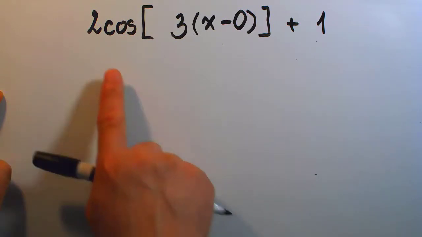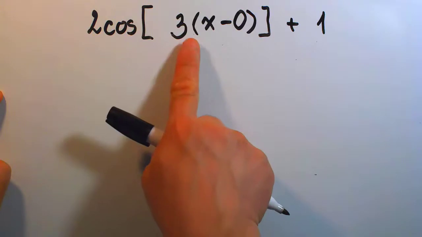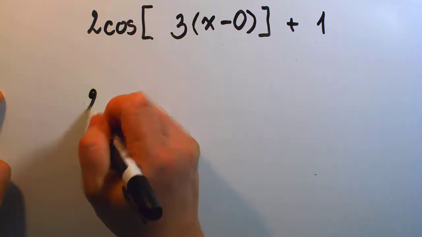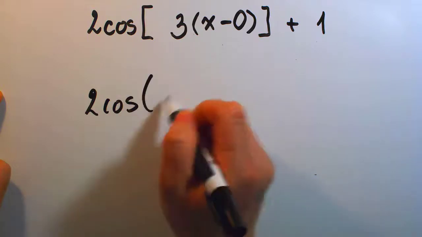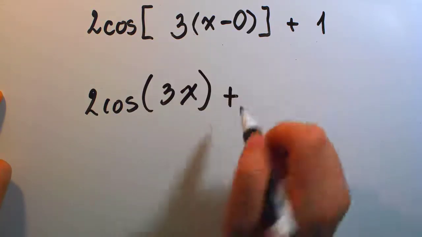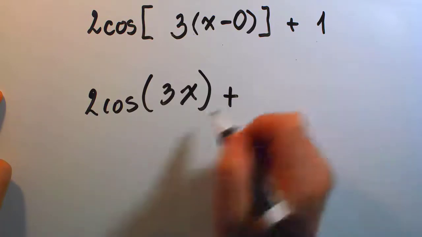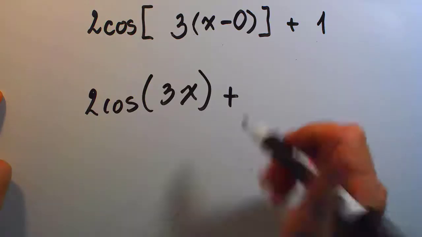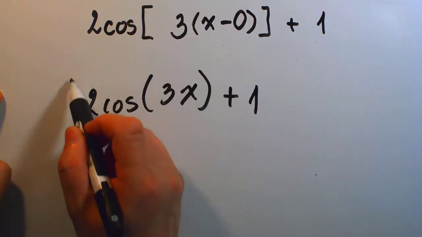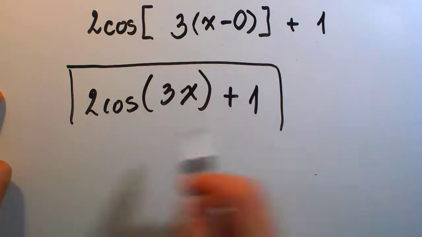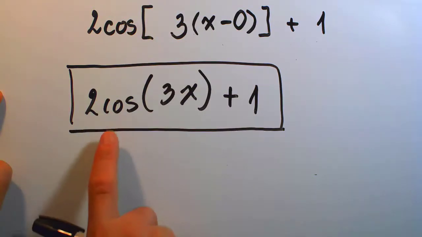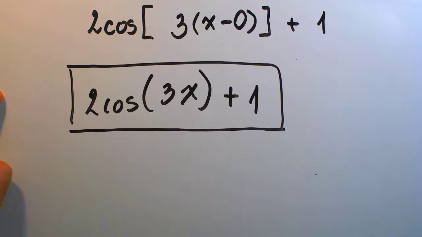So here, 3 multiplied with, in parentheses, x minus 0 is the same as 3x. And outside of that cosine of 3x, we're going to add 1. So this is going to be our final function: the same sinusoidal graph, but our final function identified as a cosine function.